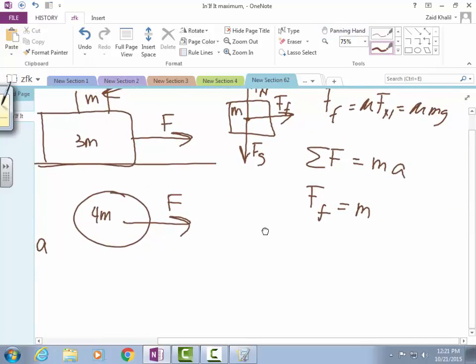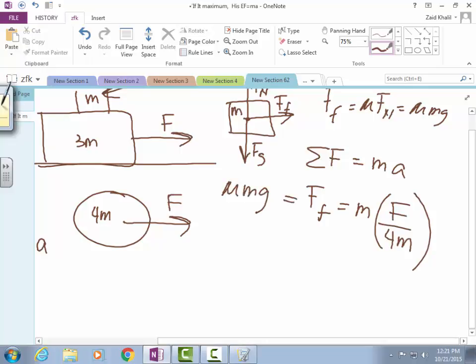Because what does it not do? It doesn't slip. That's right. So this is F over 4m. But what's F_f equal to? Mu mg. So what do you end up with? M's cancel. You have mu mg equals F over 4, which means that mu is equal to F over 4mg.